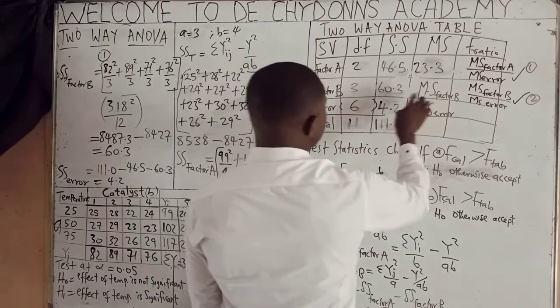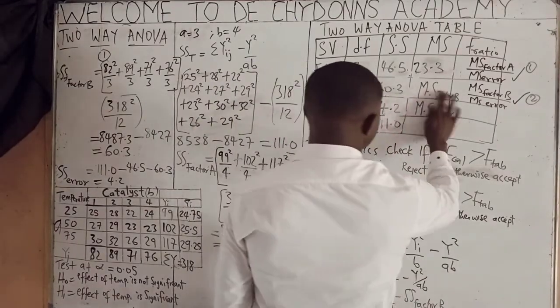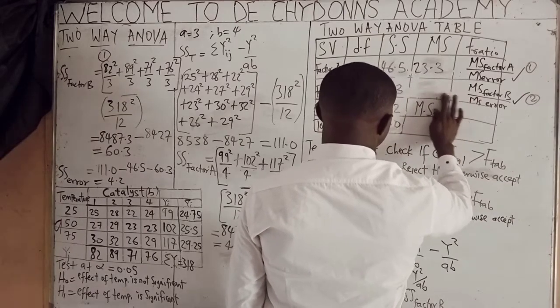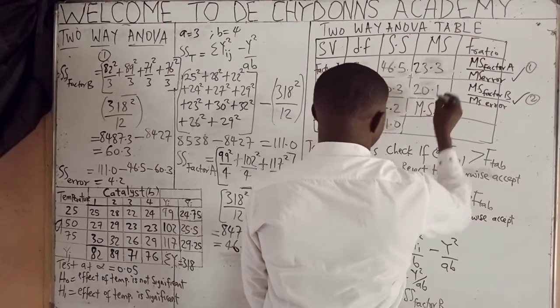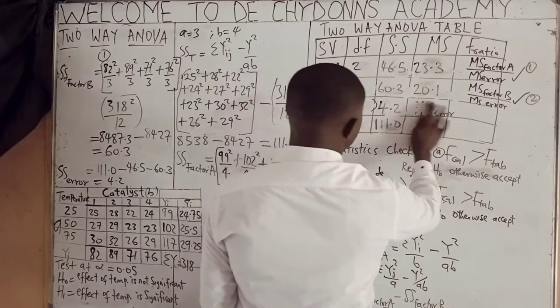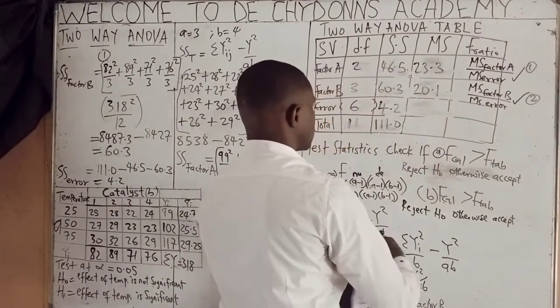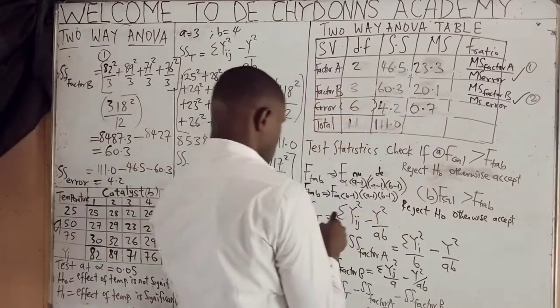The MS factor B means this divided by this, that will be giving you 20.1. Then this divided by this will be giving you 0.7.